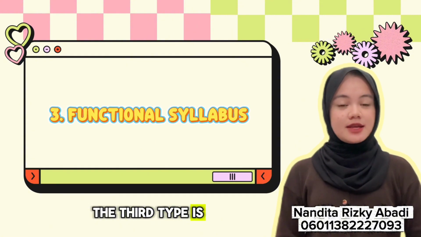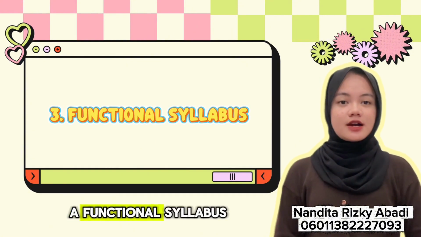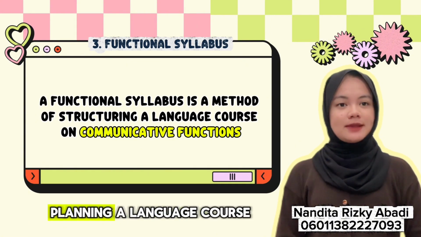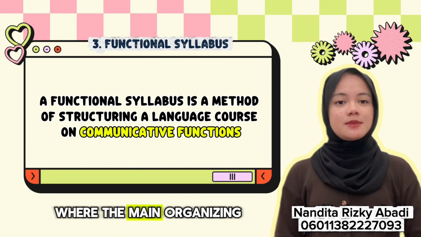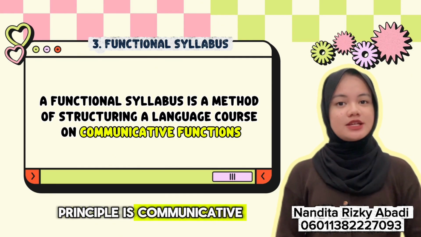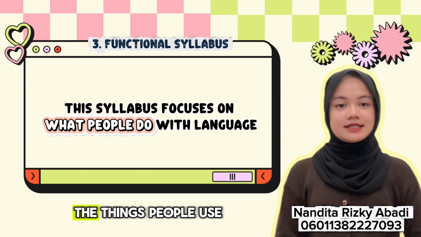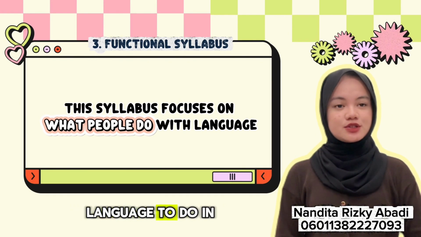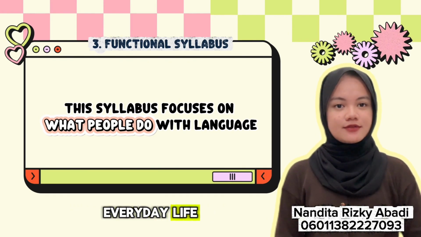The third type is functional syllabus. A functional syllabus is a way of planning a language course where the main organizing principle is communicative functions, the things people use language to do in everyday life.